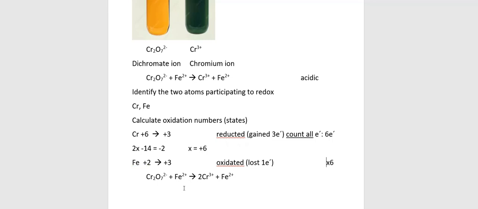So to balance the electrons, I have to put a 6 before each time I see the iron.